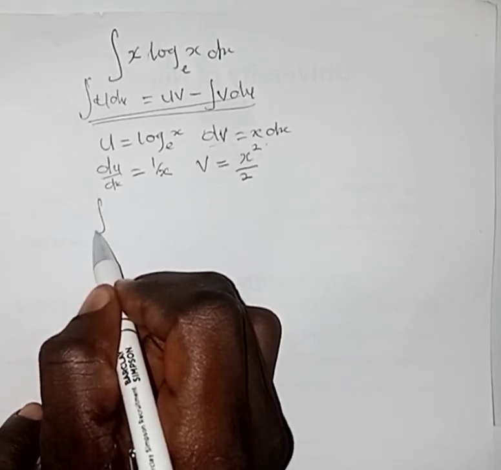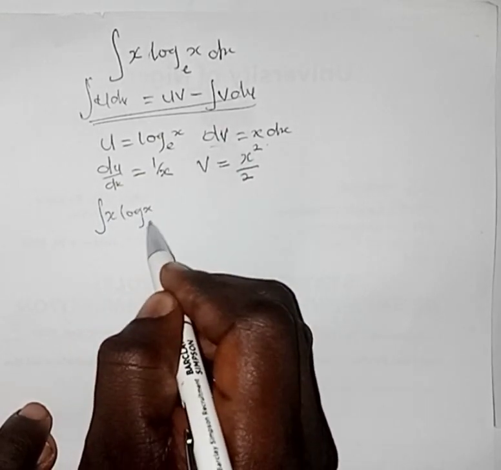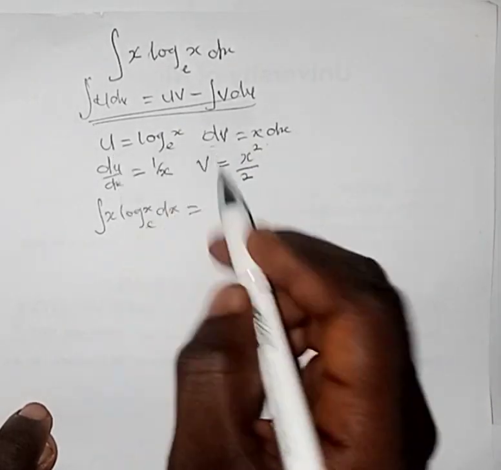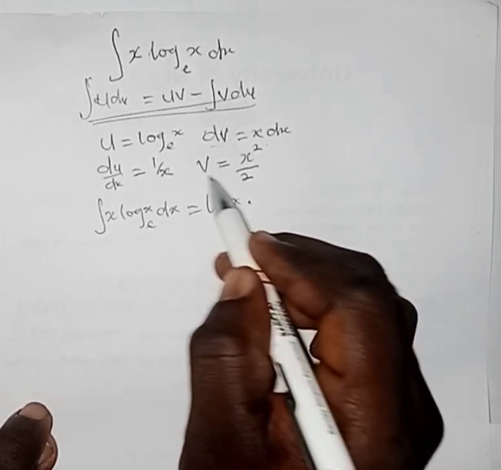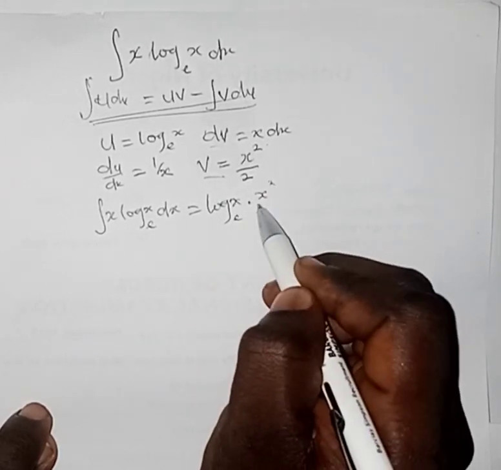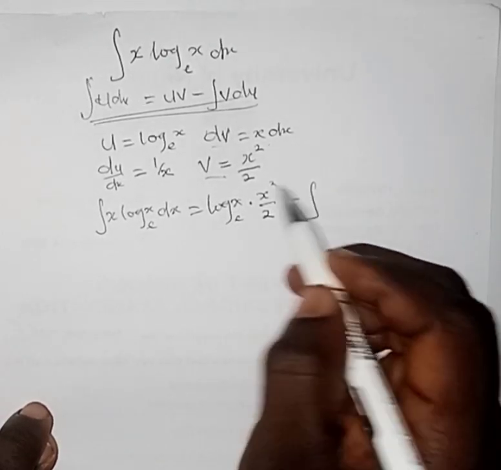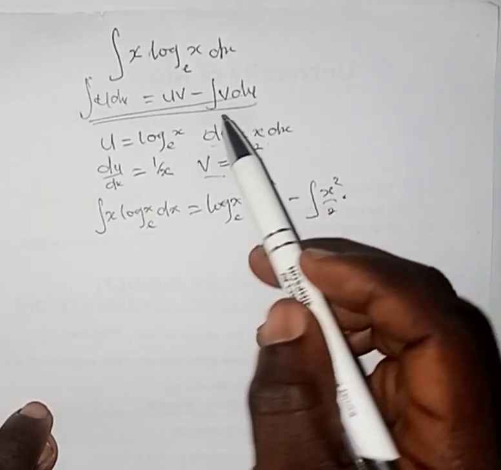So moving further, we have that our integral x log x base e dx will now be equal to uv. Our u is log x base e times our v is now x squared divided by 2, and then minus the integral of v, which is x squared divided by 2, multiplied by du.